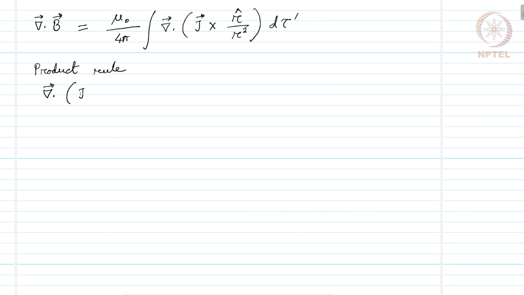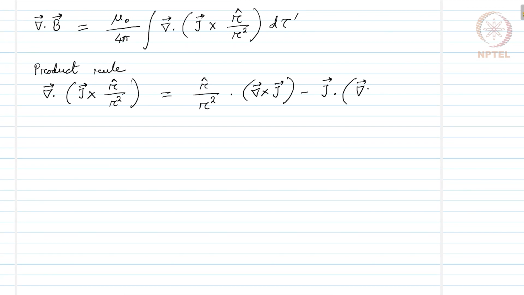Divergence of j cross r cap over r squared is given as r cap over r squared dot the curl of j, minus j dot the curl of r cap over r squared.